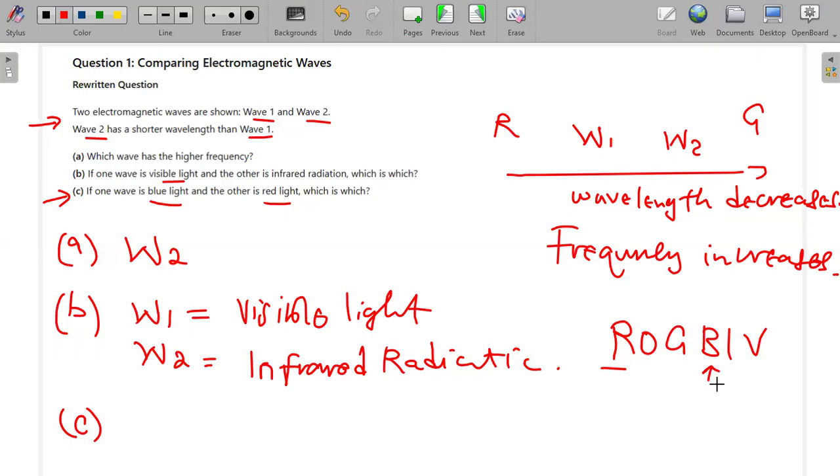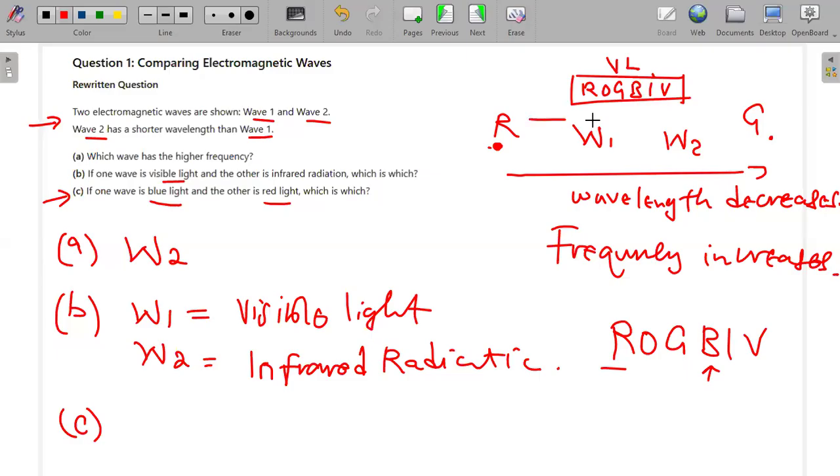So blue light versus red light, which one do you think has a shorter wavelength? It's the same thing. Just look at the electromagnetic spectrum. When I'm going from the radio waves to the gamma waves, I'll find visible light somewhere, and visible light breaks down into the ROYGBIV colors.